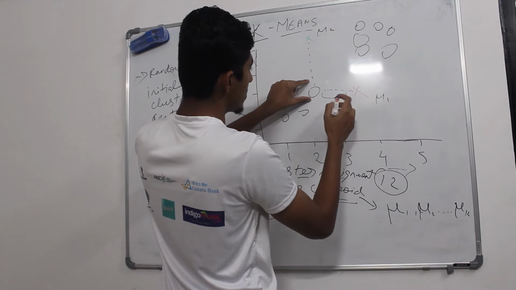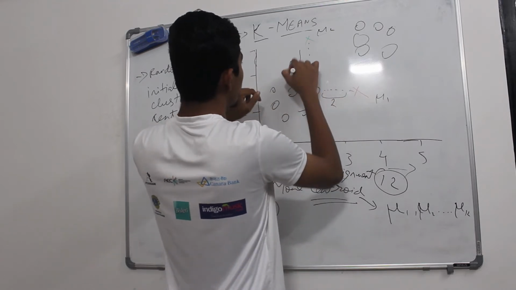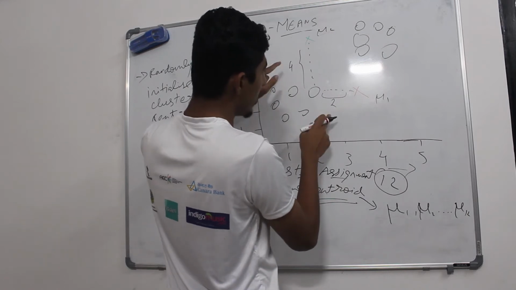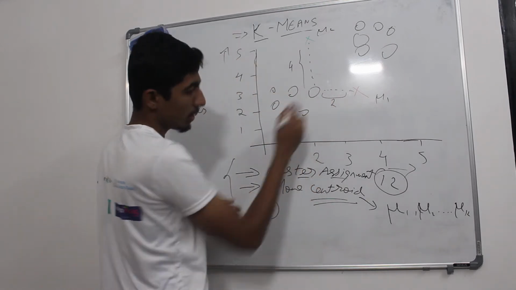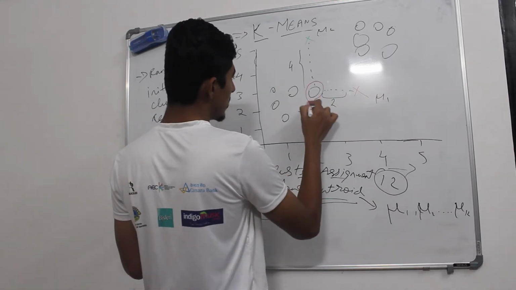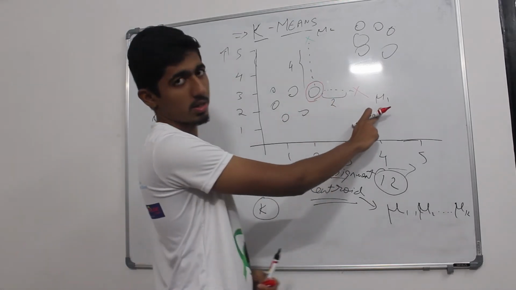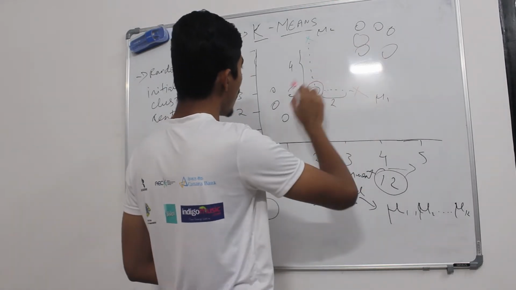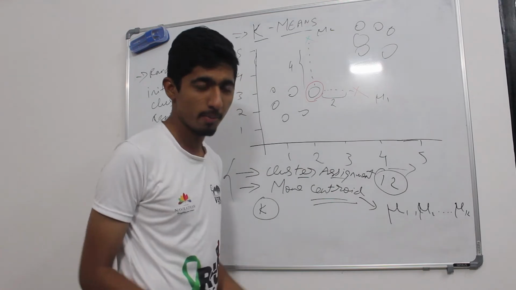Maybe we will say the distance here is 2, but this would be 4. As 2 is less than 4, this data point is going to get assigned to the mu1 cluster centroid. This inner loop is done for all the data points that are available.